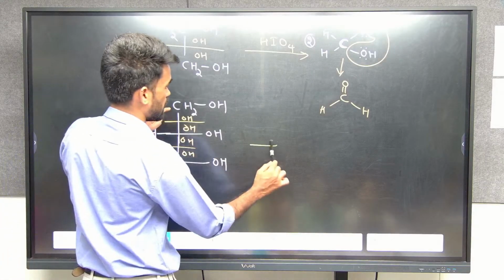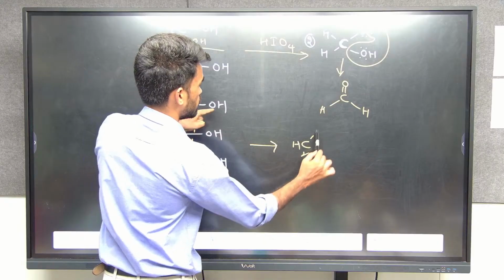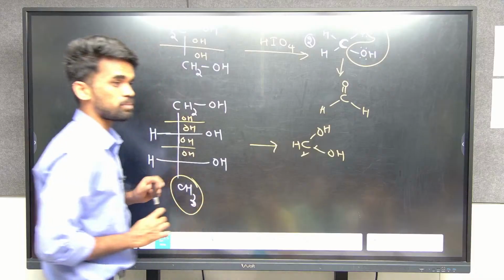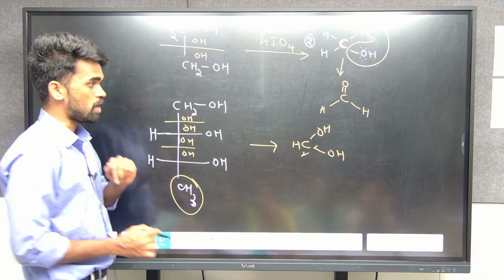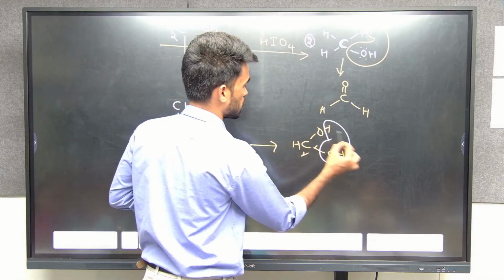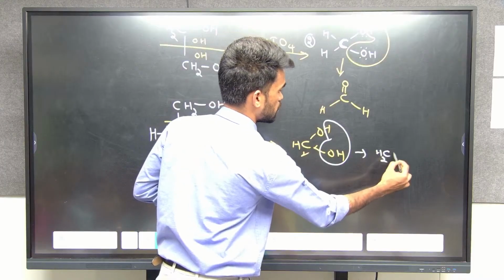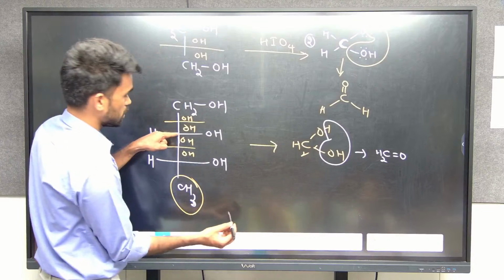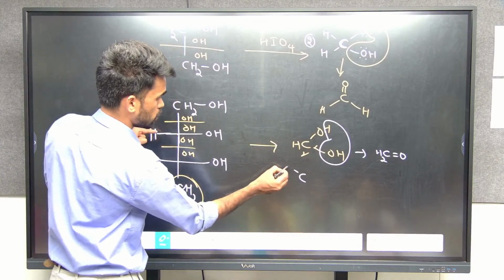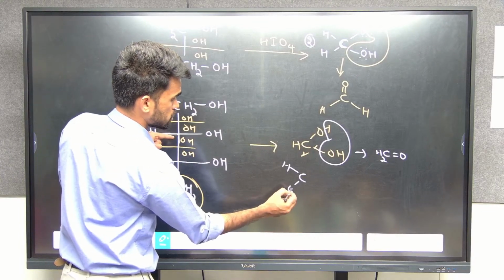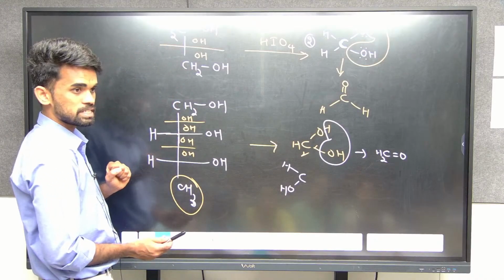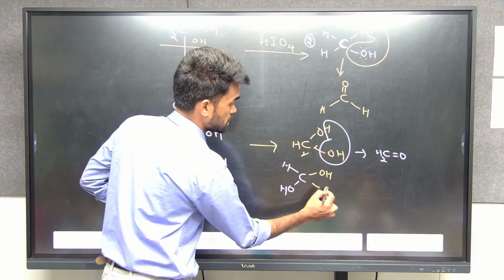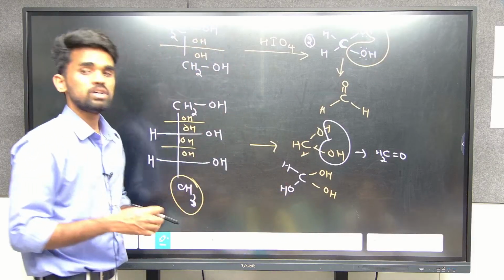So now tell me what happens here. CH2, one OH already present and now a newly added OH. So if 2 OH groups are present, what to do? Remove water. So if we remove water, what is the product formed? CH2 double bond O. Formaldehyde. Next do for this. See, on this carbon, what do I have? One hydrogen and one OH. Now how many OH are you inserting? Above one, below one. OH, OH. See, now 3 OH groups are there. So what to do?